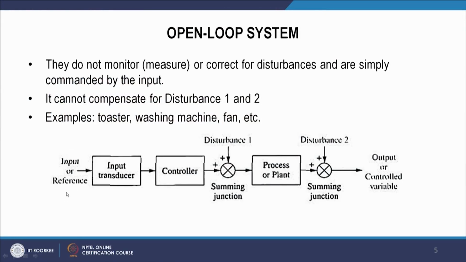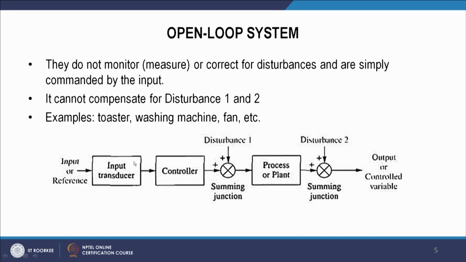we are giving input, and there is some input transducer in the system. Then there is the controller, here is some summing junction, then this is the process or plant, then again there is a summing junction, and then there is the output. Now we can see that we give a certain input, and what is the role of the input transducer?